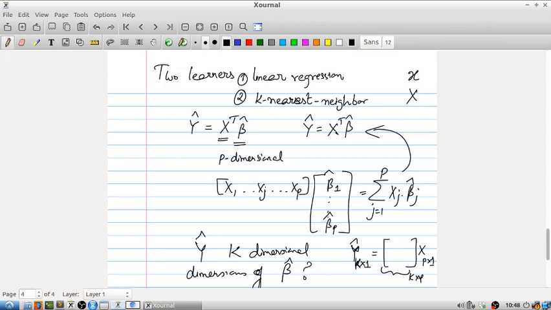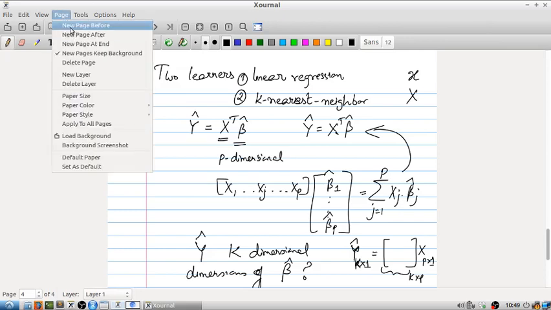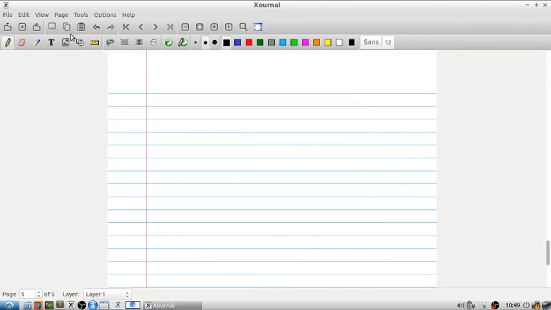Let me ask a different question. Let's say y is equal to beta 1 x1 plus beta 2 x2. This is basically just p equal to 2 from the previous case, and y hat is a scalar.